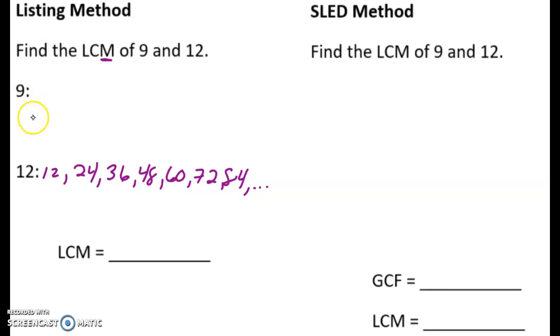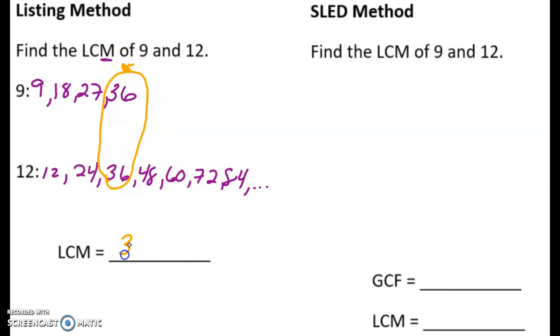So now we're going to go to 9. 9 times 1 is 9. 9 times 2 is 18. Nothing yet. 9 times 3 is 27. 9 times 4 is 36. Now stop. We do not have to go any further because notice we have a common multiple. What is your multiple that's in common? It's 36. That is your least common multiple, 36. Now, it's not bad when you have easy numbers like 9 and 12.